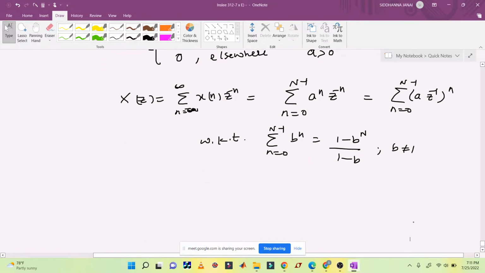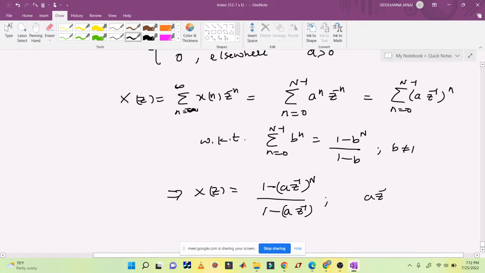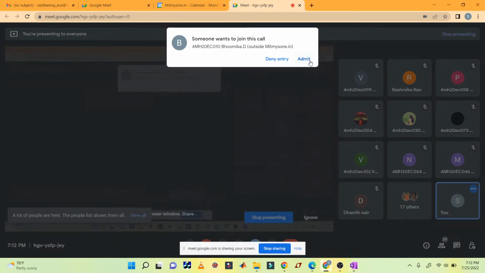Using the same logic, we can write X of z equal to 1 minus a z inverse to the power capital N divided by 1 minus a z inverse, provided a z inverse is not equal to 1. So this is our equation.